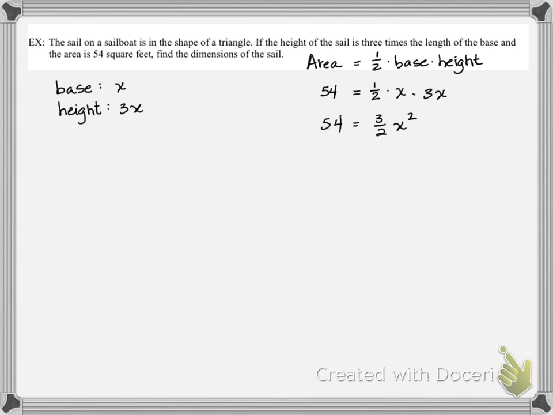So we get 3/2 x squared on the right side. And then we'll multiply both sides by 2. So 2 times 3/2 x squared. Remember, this is over 1, so those 2's cancel.